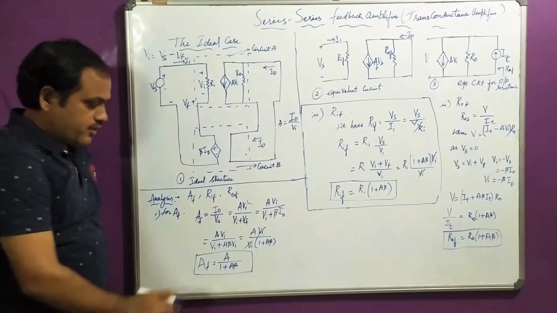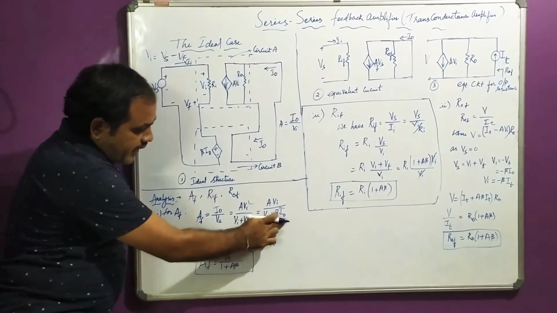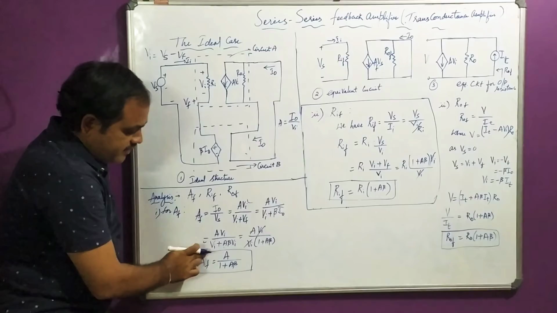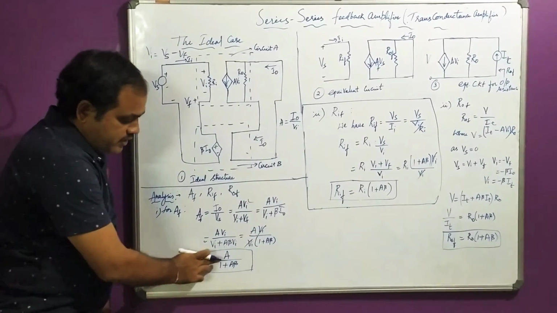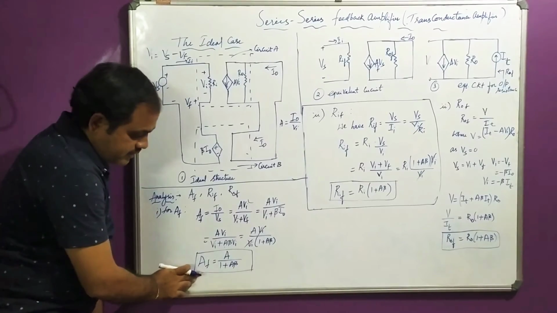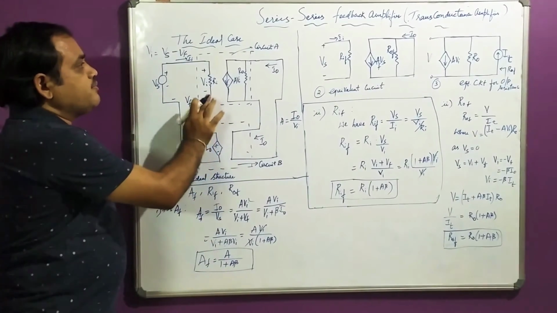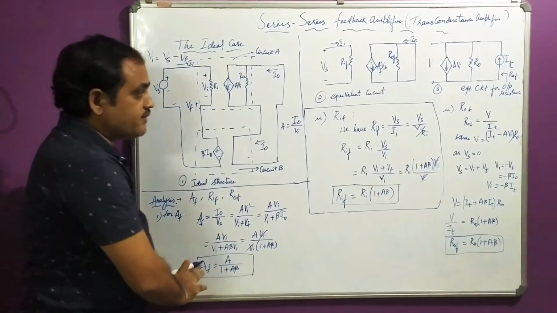So we have A into Vi divided by Vi plus beta into I naught, and I naught is again A into Vi. I replace that, take Vi common, and Vi cancels. You observe that the feedback gain is A divided by 1 plus A beta. That means this particular topology satisfies the negative feedback structure, right?